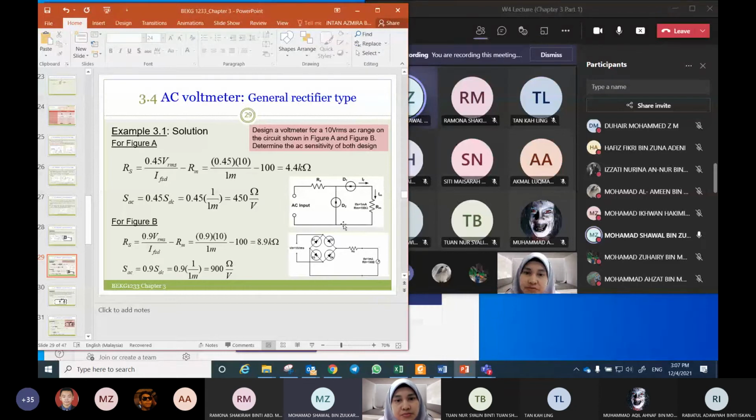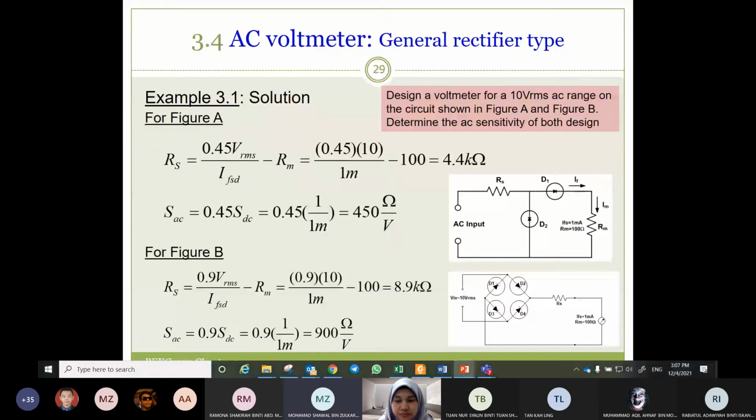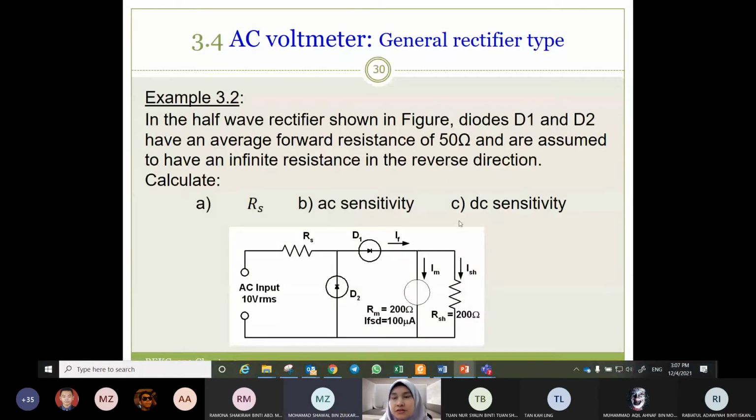Okay, Shawal, what is the difference between figure A and figure B? Full rectifier and half rectifier. Okay, good. Meaning that you are with me, paying attention to my class.